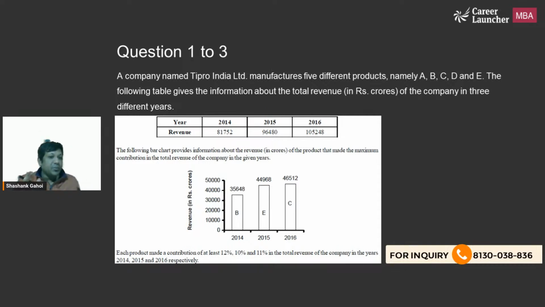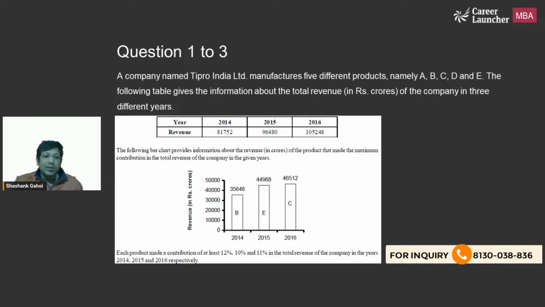Now, what does it say? It says that each product made a contribution of at least 12%. In 2014, B made something around 40%, right? 41%. And the remaining four have contributed at least 12% each. So 12%, 12%, 12%, 12%, and maybe a little bit more, 13%, 14%, something like that.